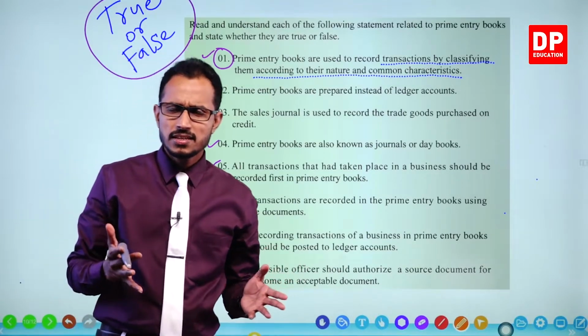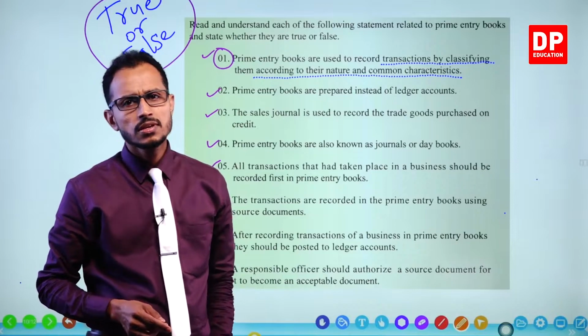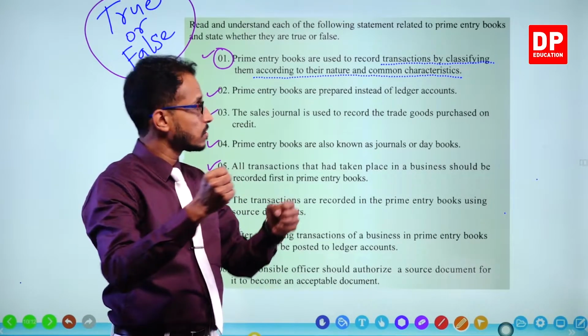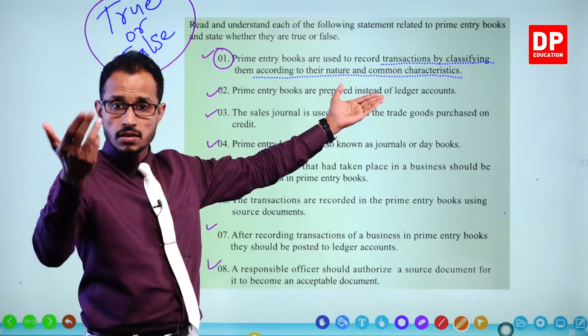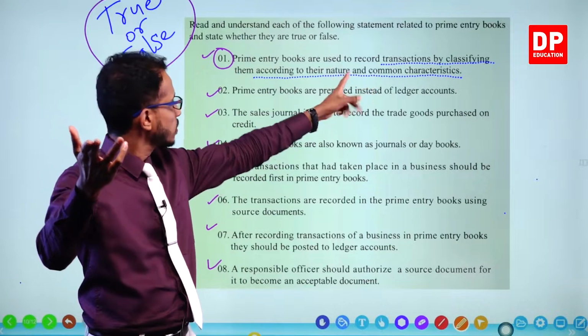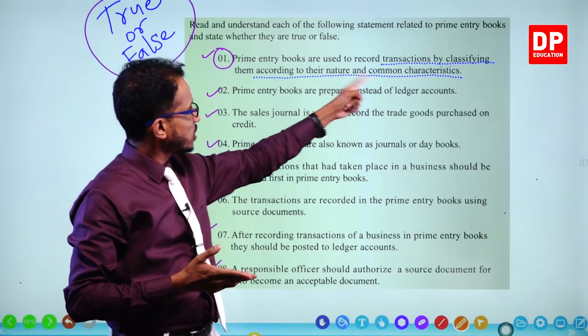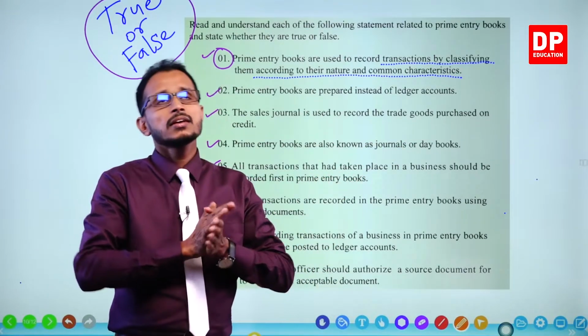What does it mean? Can you classify transactions depending on the nature of transactions? That's what it says. What do you think? Transactions, classify them according to their nature and common characteristics. Let's think about it a little bit.